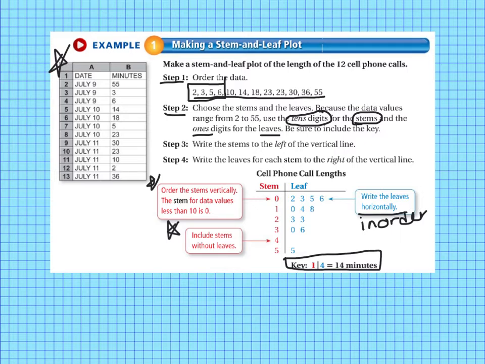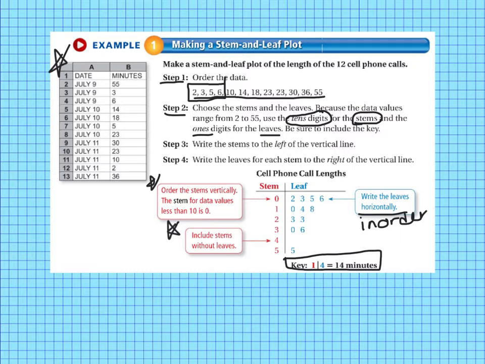So while we're on step 3, we're writing the stems to the left of the vertical line. We know that our data goes from 2 to 55, so our stems are going to go from 0 to 5 because that's what we have for tens places. And so we can write our leaves for our 0 place. We have a 2, 3, 5, and 6. So for a 0 in the tens place, we have a 2, 3, 5, and 6.